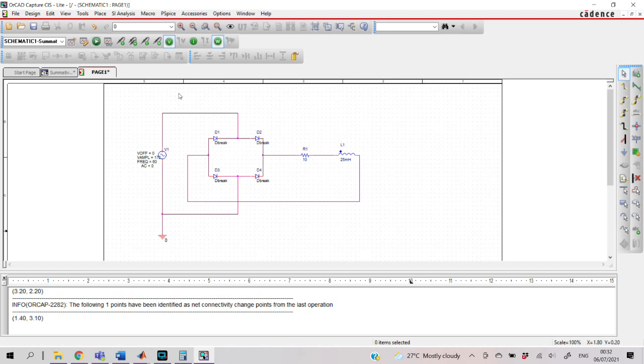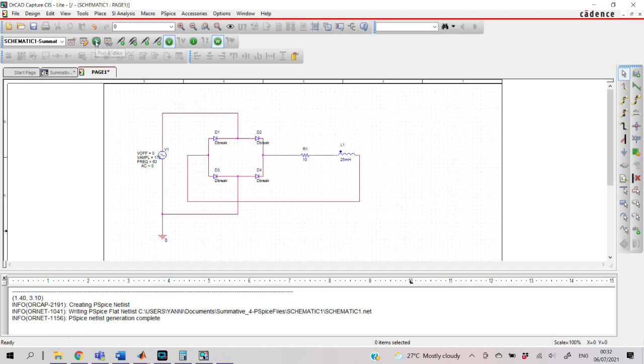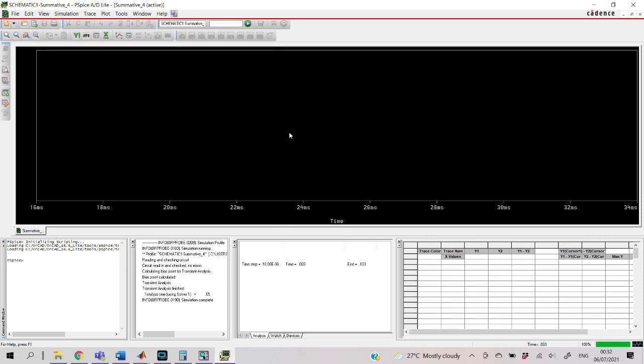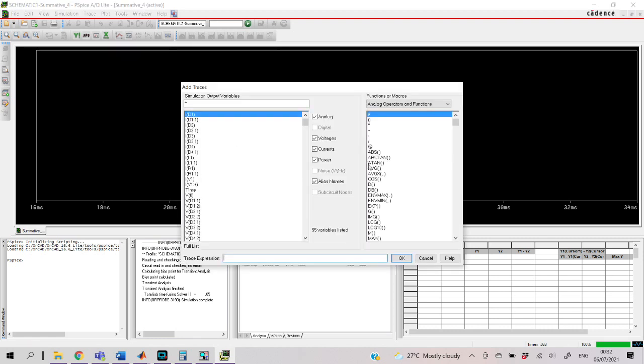So now let's run our simulation. As we can see, there is a new window. Let's right click, then add traces, then click average.